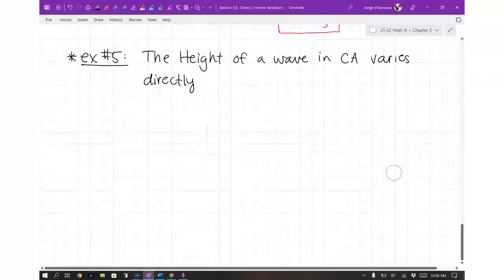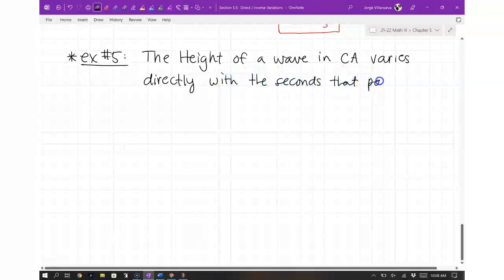So the height of a wave in California varies directly, so direct variation, with the seconds that pass by.